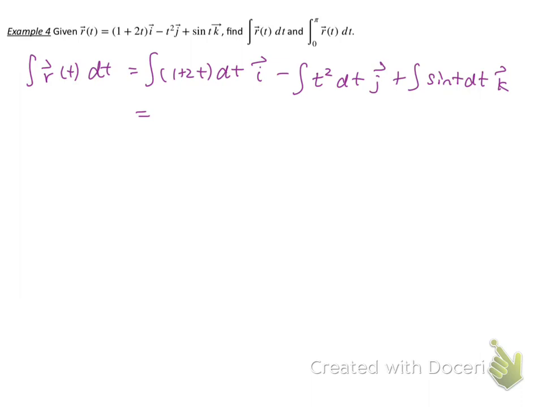Work each of them out. The first will be t plus t squared, that's i, minus a third t to the third, that's j. Sine, taking the antiderivative, will be negative cosine t, that's my k.